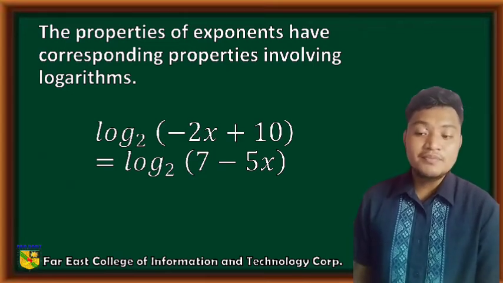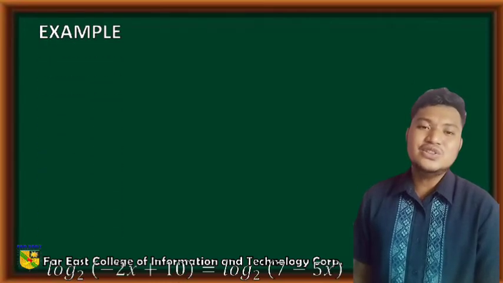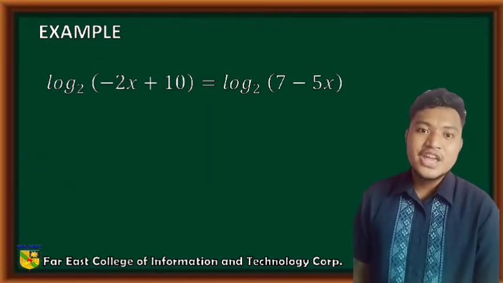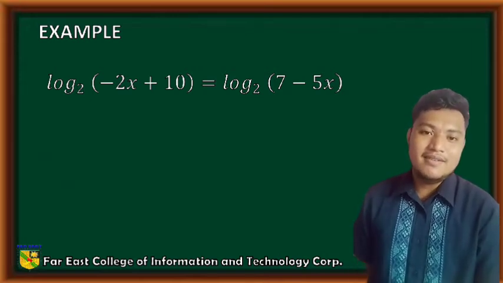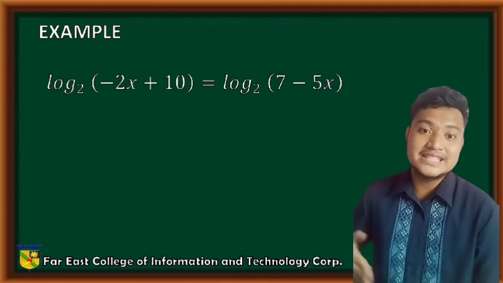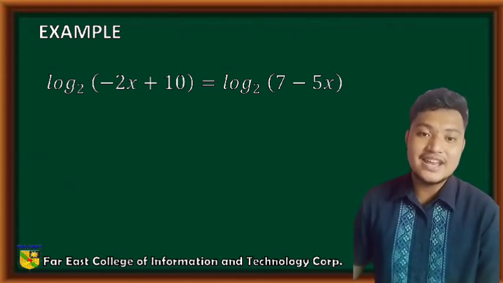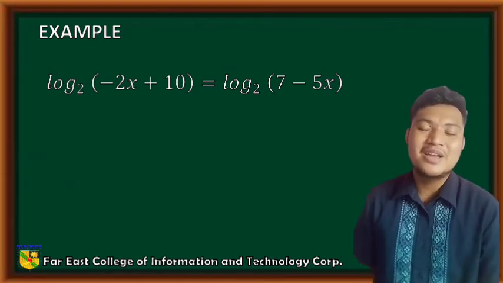Try to get the answer. All you need to do is remove the log base 2 because they are the same. This is what we call the property of equality of logarithmic form.